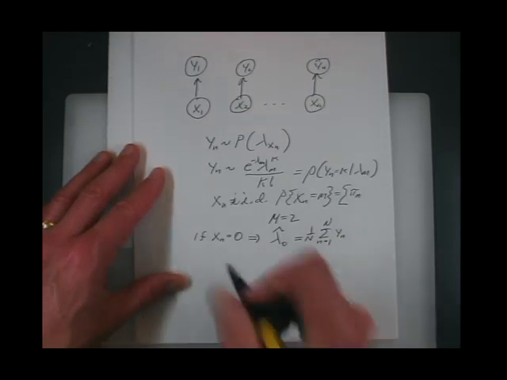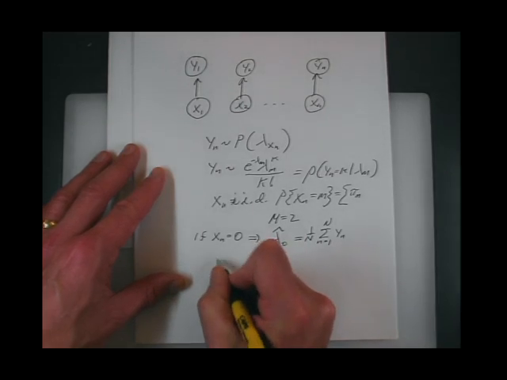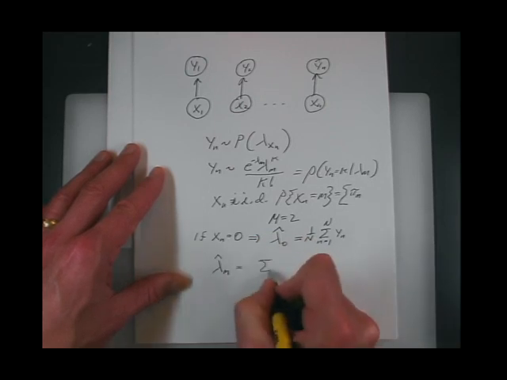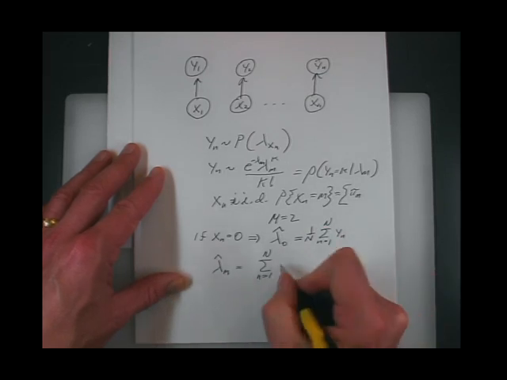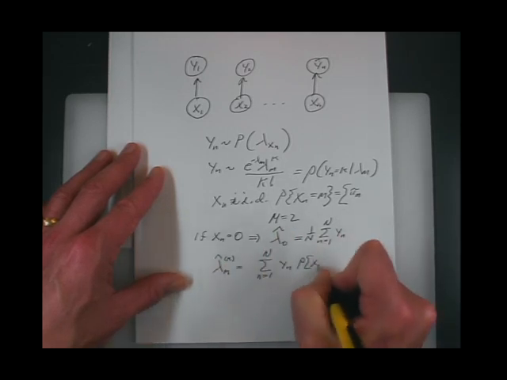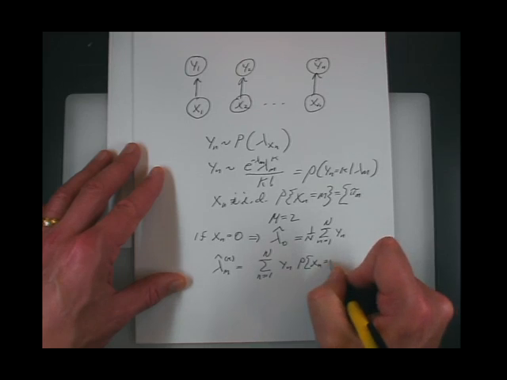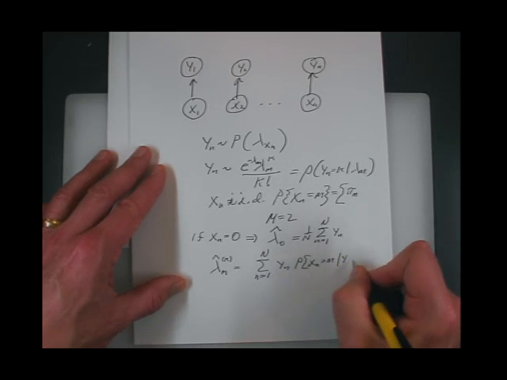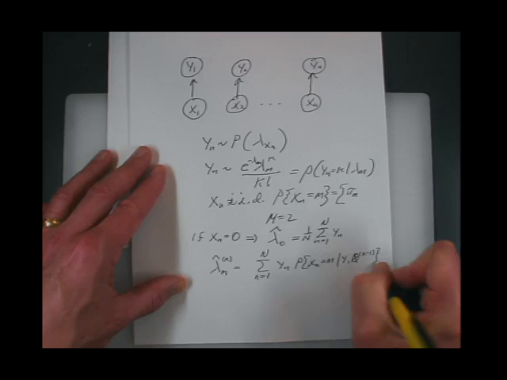It's going to be this: lambda hat m is equal to the sum from n equals 1 to n of yn, times, this being the new value, the probability that xn equals m given, of course, y and theta k minus 1, which includes lambda.